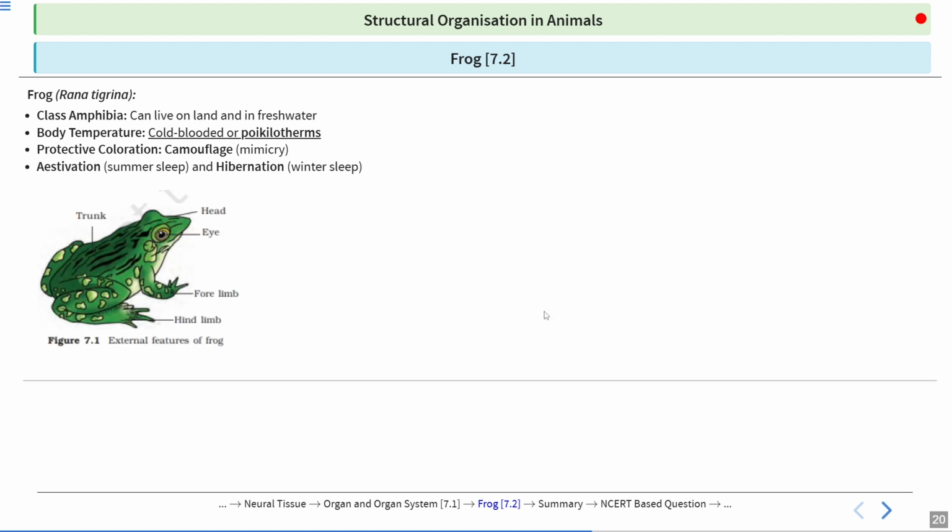So here you can see the external features of the frog. The body is divided into the head region and the trunk region, right? They have limbs. Absolutely correct, you are. In the rainy season, many insects are there.